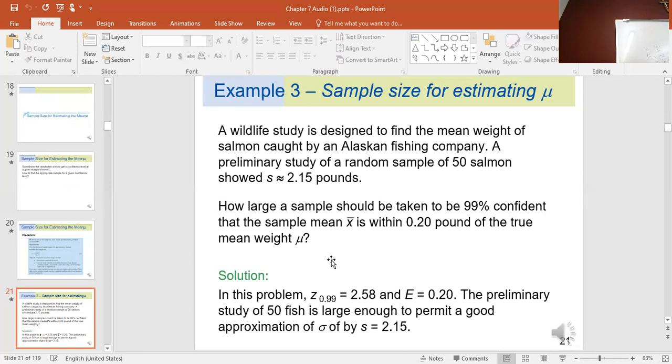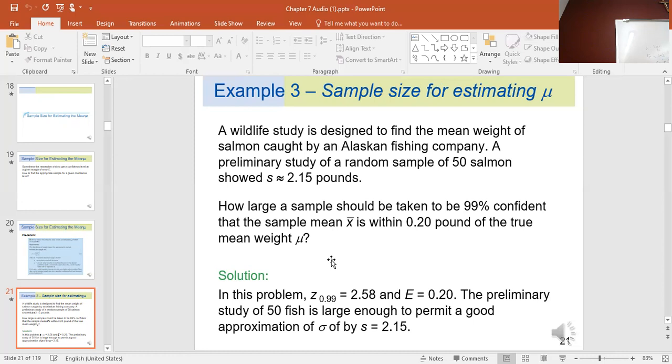In that case, it is assumed to be the population standard deviation, even though it is S. Understand that there is no way people will have the population standard deviation if they don't know the mean. So most of the time, the standard deviation that we use as the population standard deviation is the standard deviation of some samples that were studied in the past, which we use as an estimate.